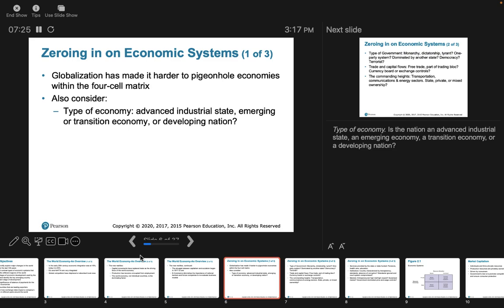This globalization has really made it harder. You can't really pigeonhole economies within the four cell matrix, because both the economies and the firms that intend to operate there, based on globalization, all have to make adjustments to accommodate one another.